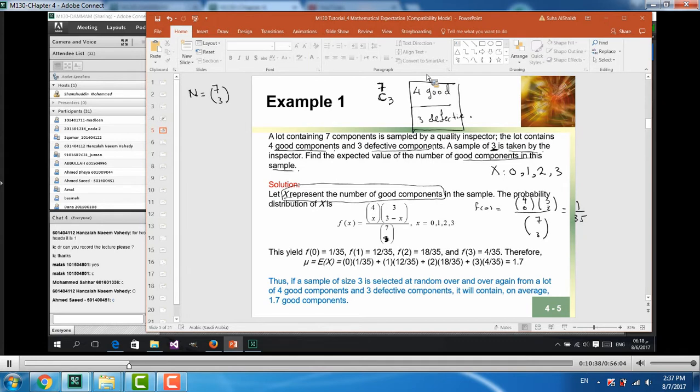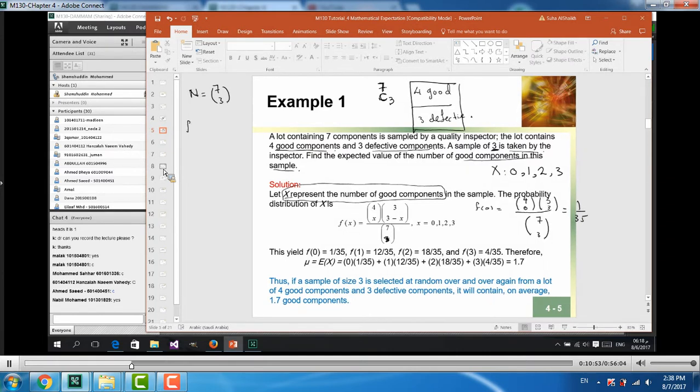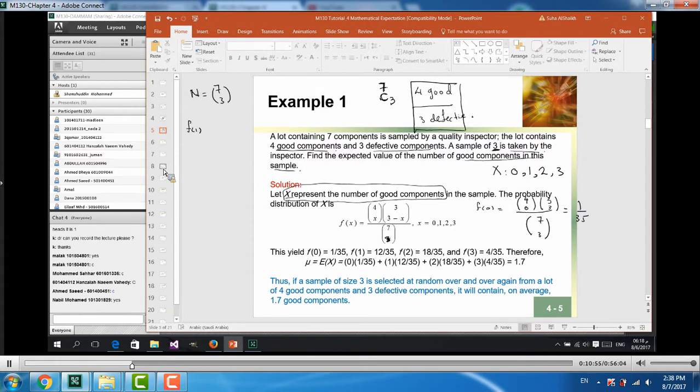Are you following up? Are you with me? Let me come to this side. Let's find now f at 1. F at the 1 means 1 is good.